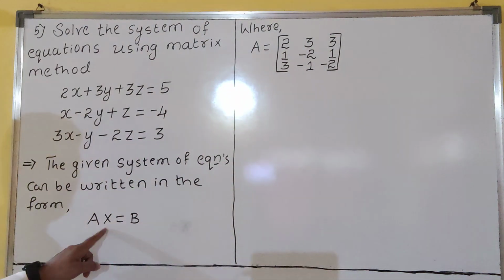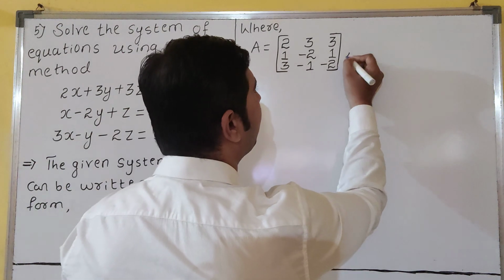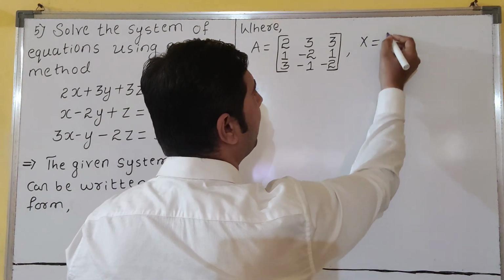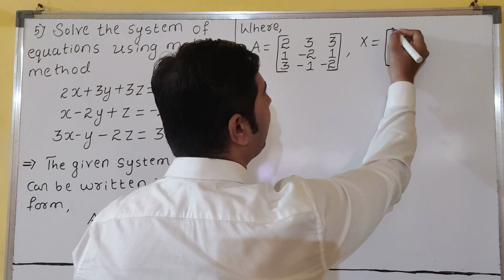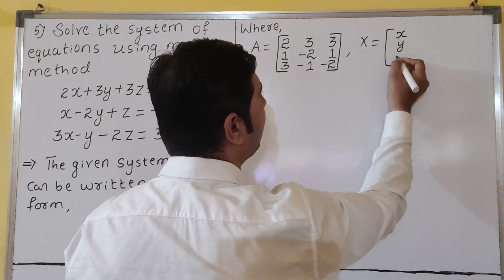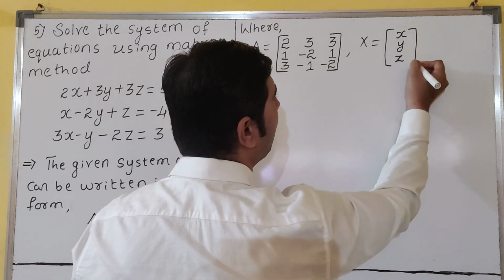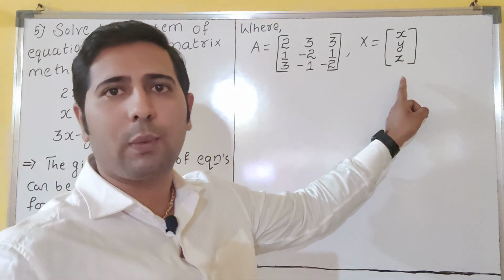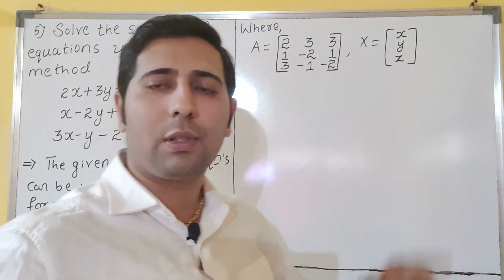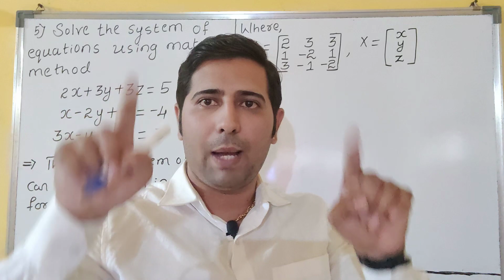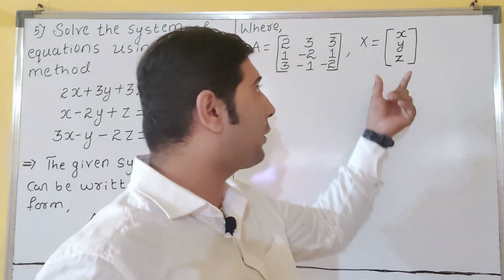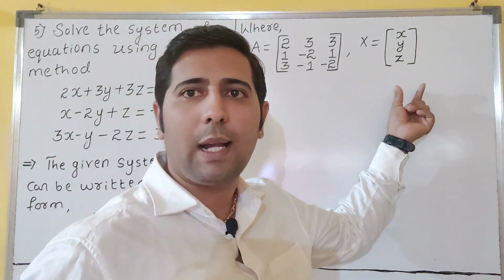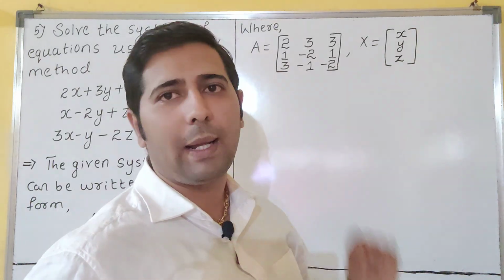And now what is capital X? Capital X we have to write like this. Even this also, the bracket you see, small x, y, z you have to write here. I had used square bracket only again, I had not used parallel lines, dear students. You also should write square bracket only in the exam.